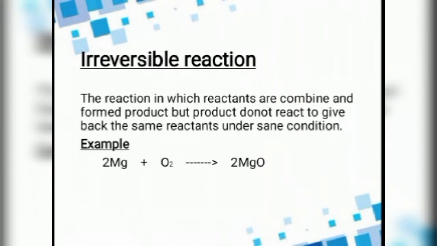You have to keep in your mind that an irreversible reaction always proceeds in one direction from left to right. It is represented by a single arrow. The irreversible reactions are always complete reactions. That means there is no phenomenon of equilibrium.